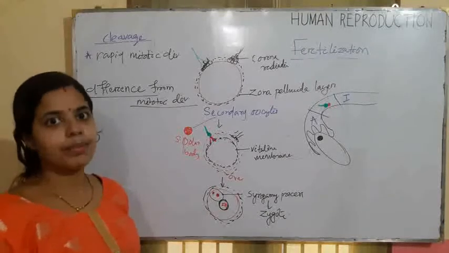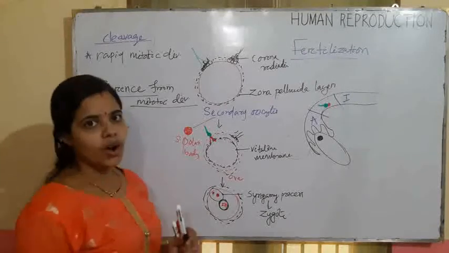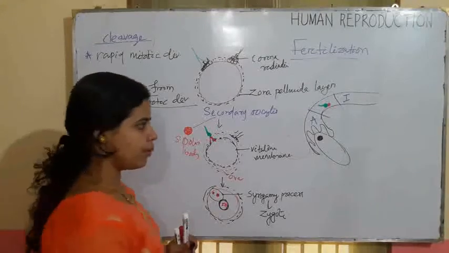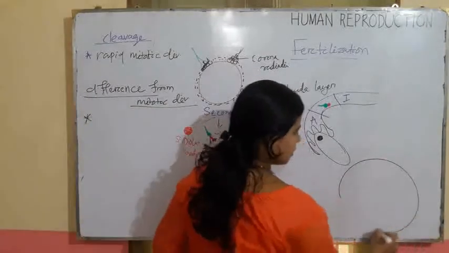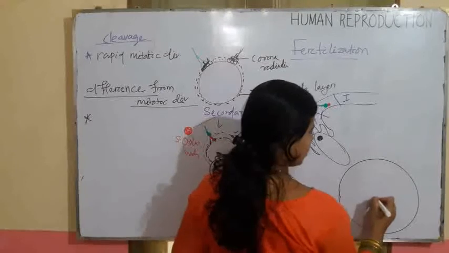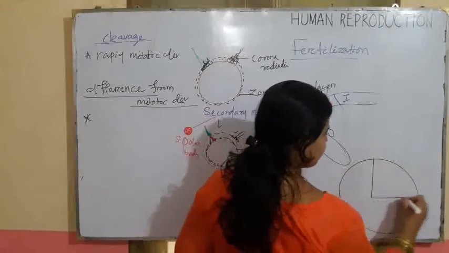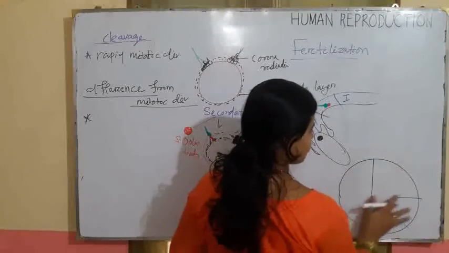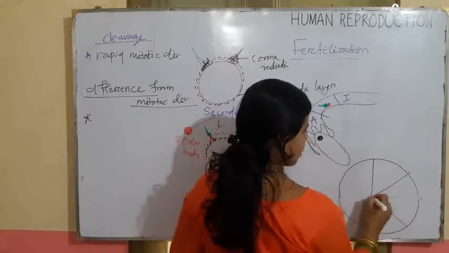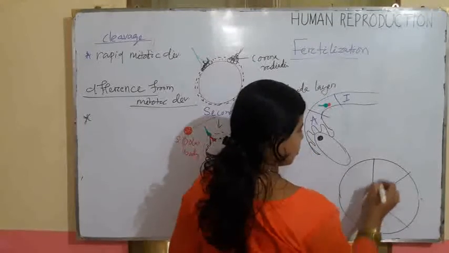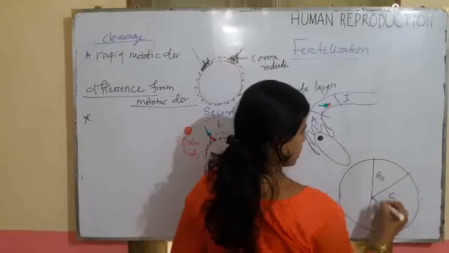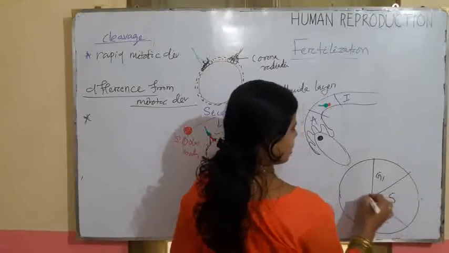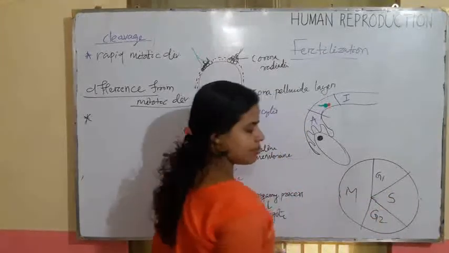In the cell cycle chapter, we know the cell cycle has certain phases: G1 phase, S phase, G2 phase, and M phase.